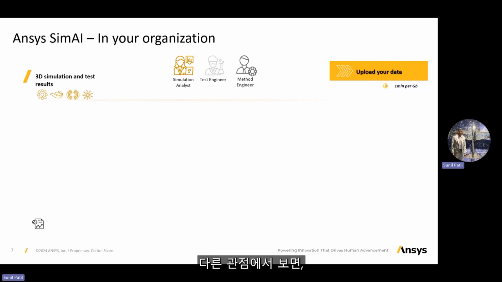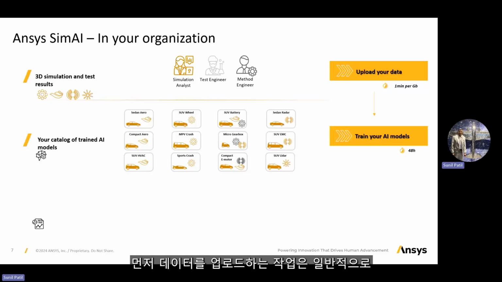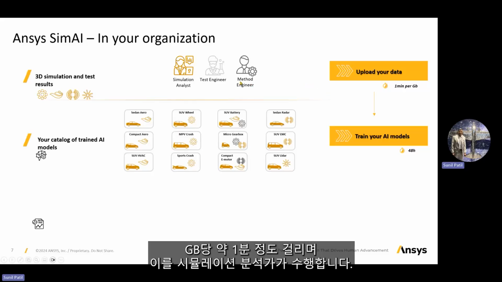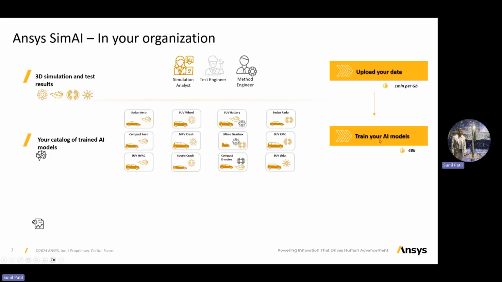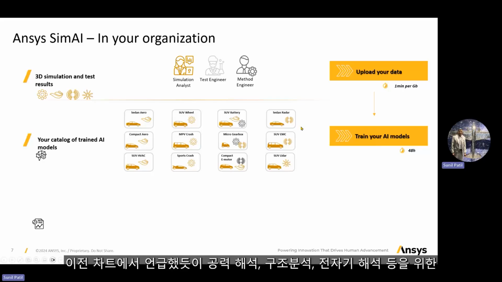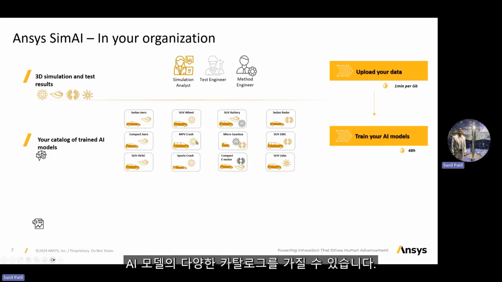Now, the other way to look at this, and especially in different organizations, so in your typical organization, the typical workflow will look like this: uploading your data, which typically takes about a minute per gigabyte, and that's typically done by simulation analysts, and then you can use that data to train your AI models. And then, as mentioned in the previous chart, you can have different catalogs of the AI models for the aero analysis, mechanical analysis, electromagnetics, and so on.